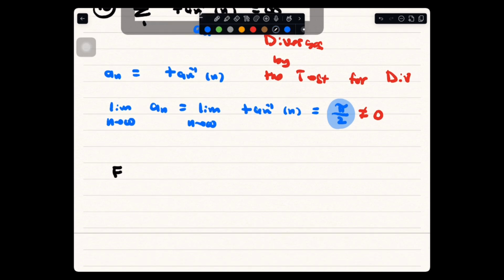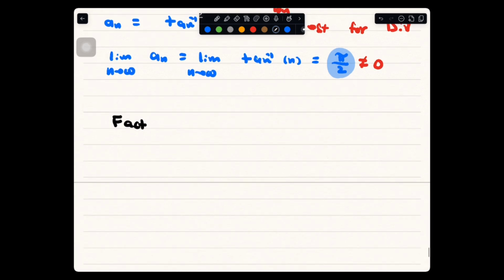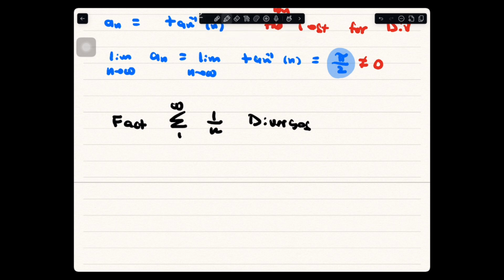Here's a fact. This series here, from 1 to n, diverges. Okay, I'm going to just give it to you guys as a fact for the moment.